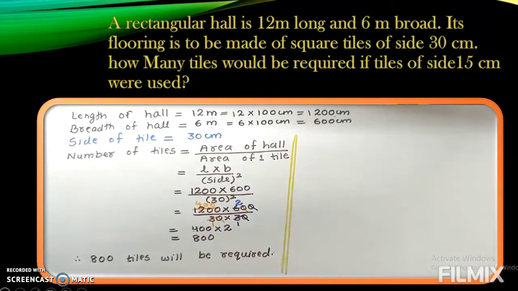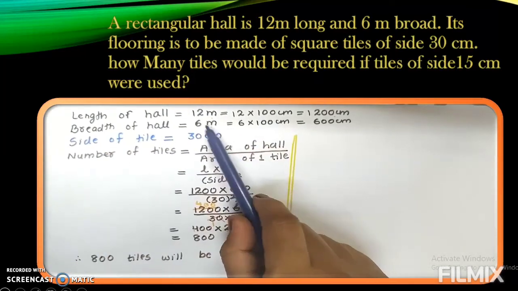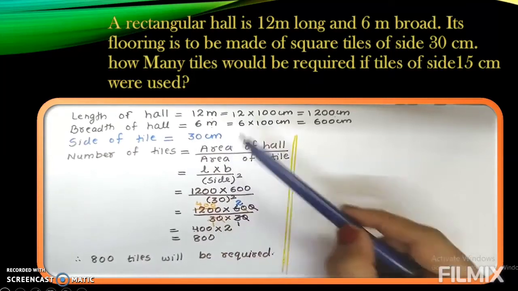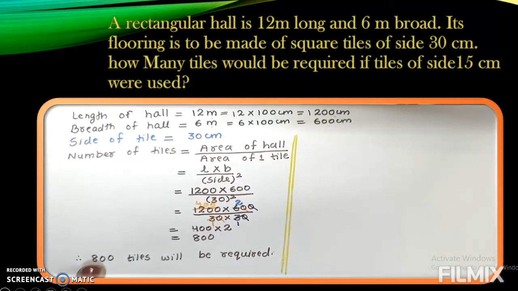Now have a look at what they are asking further. They are asking, how many tiles will be required if a tile of side 15 centimeter is used? Now here the side of the tile was given as 30 centimeter. So if a 30 centimeter tile is there, how many tiles are needed? 800, correct? This we have just now calculated.